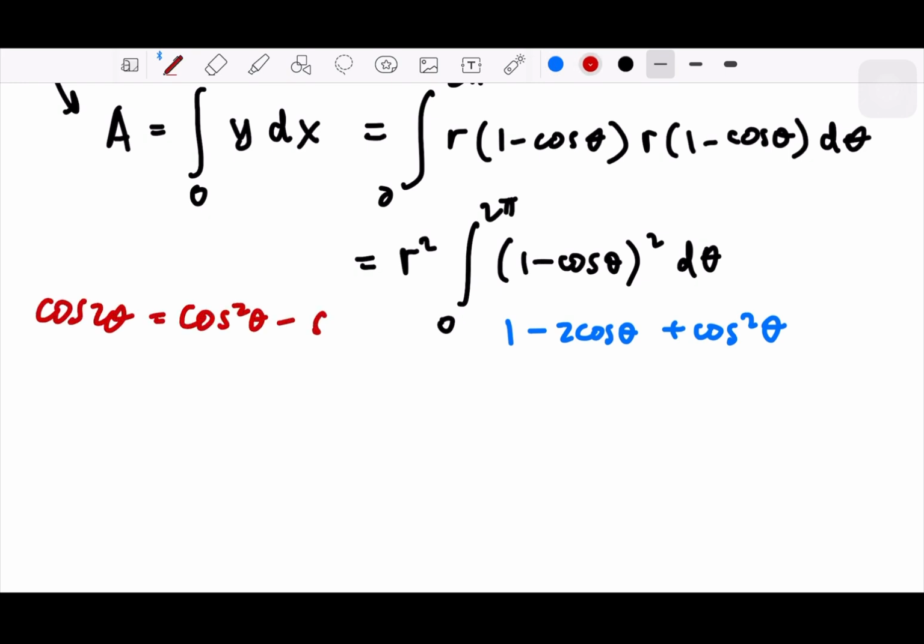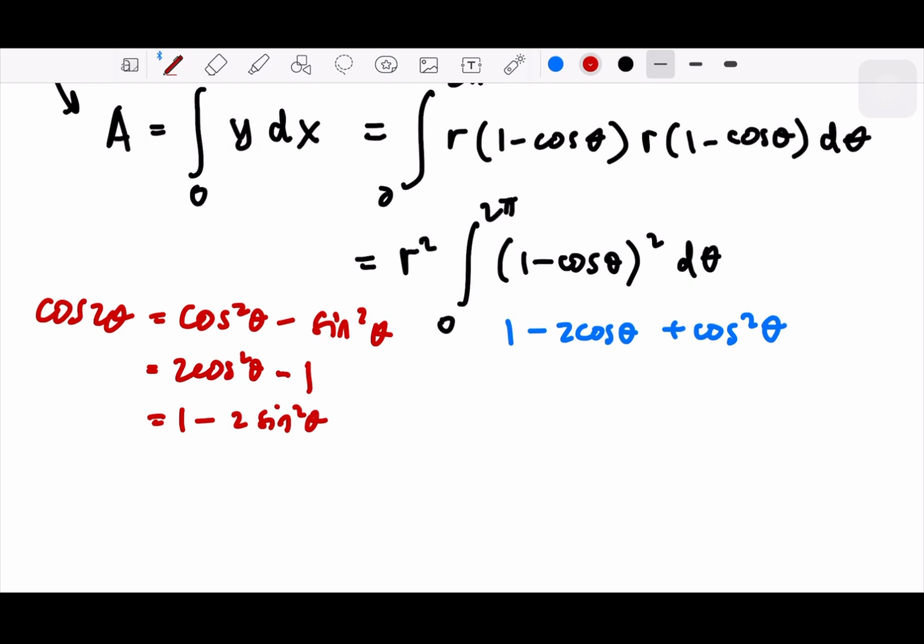The basic one is cos squared minus sine squared, and it depends on what you are squaring. You can have 2 cos squared theta minus 1 or 1 minus 2 sine squared theta. So you can exchange this with the double angle, and then you can just integrate.